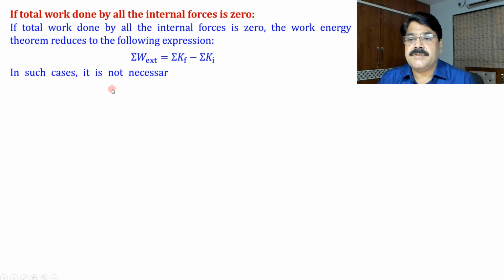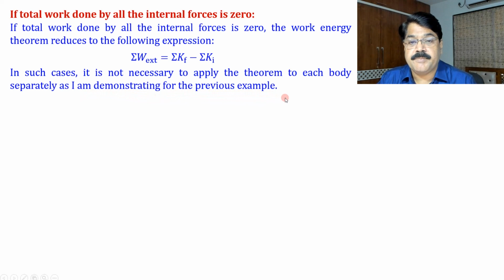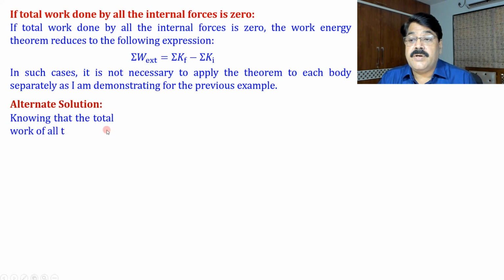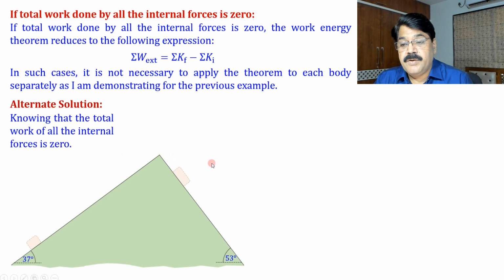In such cases, it is not necessary to apply the theorem to each body separately, as I am demonstrating for the previous example. So, an alternate method for the previous example. Knowing that the total work of all the internal forces is 0, we show the initial and final position of these blocks.